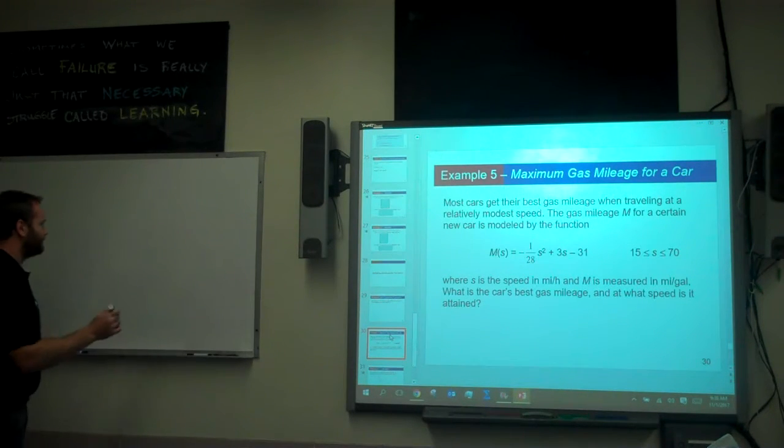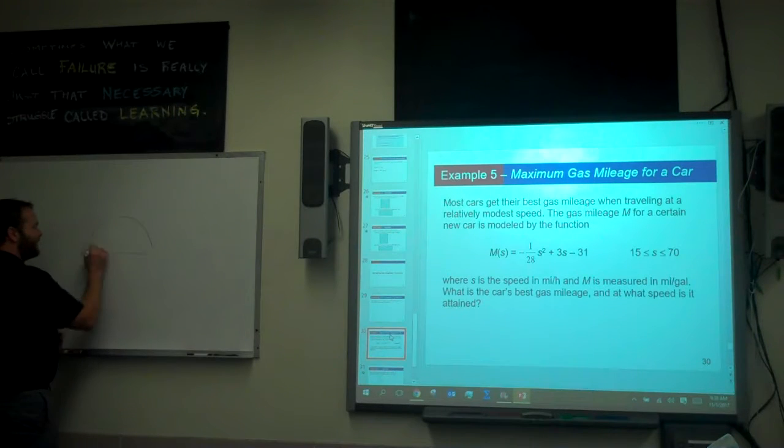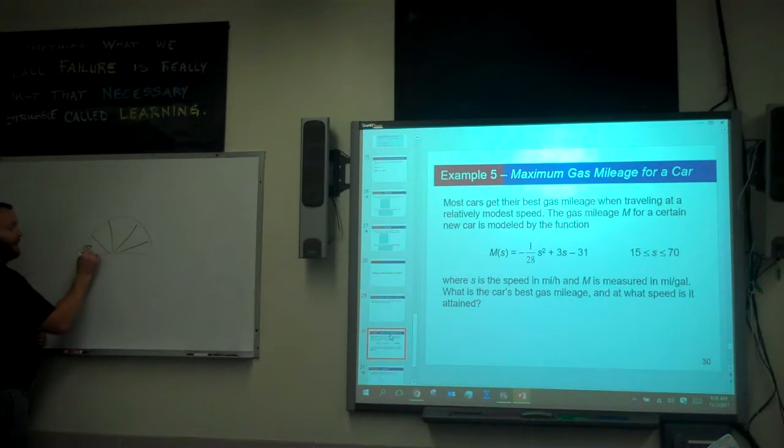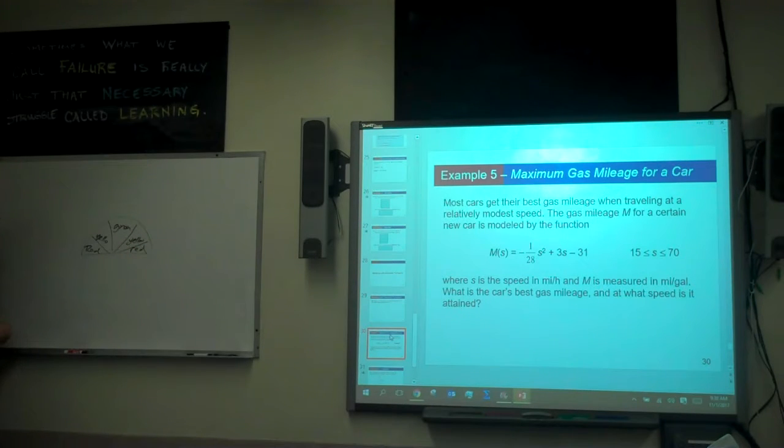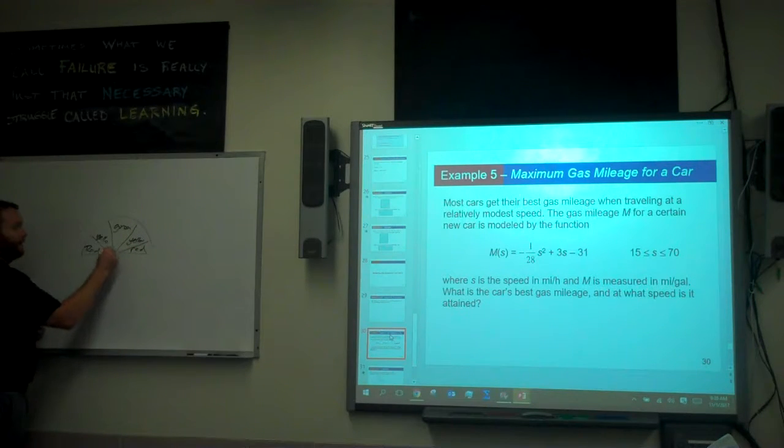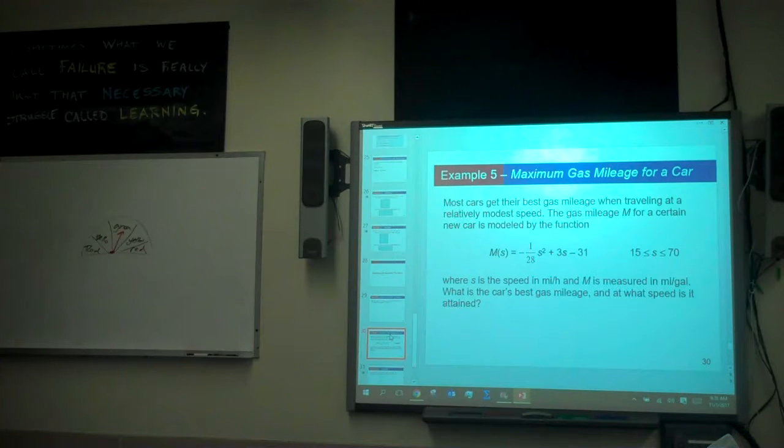It kind of looks like this, but there are regions here. This is red, this will be yellow, this will be green, and this will be yellow, and this will be red. And you want to keep your tach right there to maximize the gas mileage.